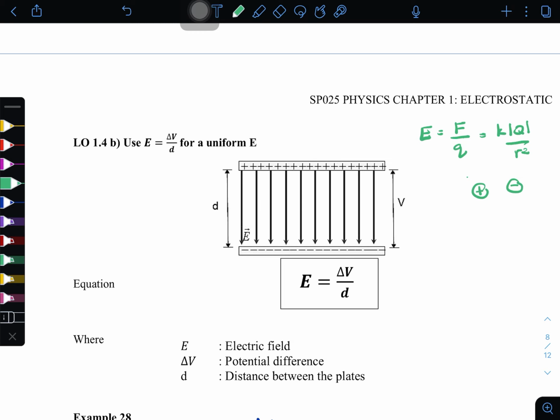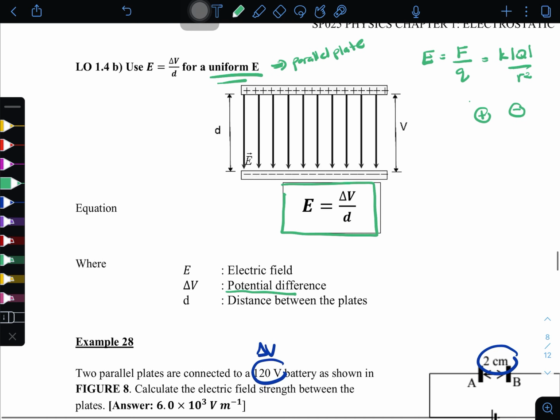So kalau charge yang berada uniform E. Okay, kalau charge itu uniform, maksudnya dia berada di parallel plate. You boleh kira dia punya E by using formula delta V over D. Well, delta V is the potential difference, maksudnya V final tolak V initial dan D ialah the separation distance ini.